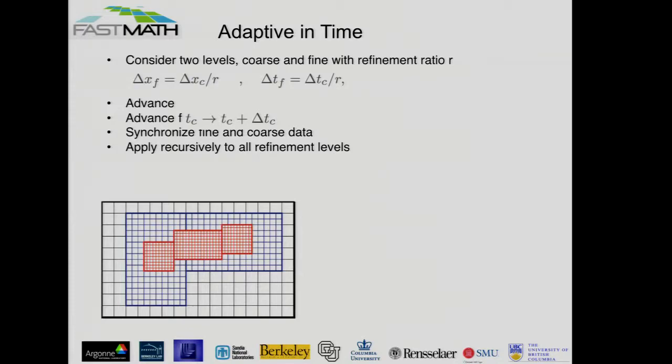And then there is the question of what happens when you're using adaptivity in time. So we have a fine spatial discretization, where R is the ratio between the fine and the coarse grid. So what happens is, you advance the coarse grid. It goes from coarse time n to coarse time n plus 1. Now here the time steps are color coded depending upon the level of mesh that it's working on.